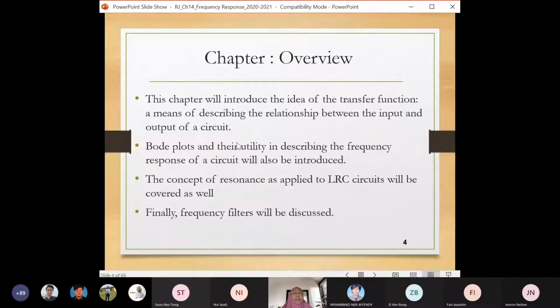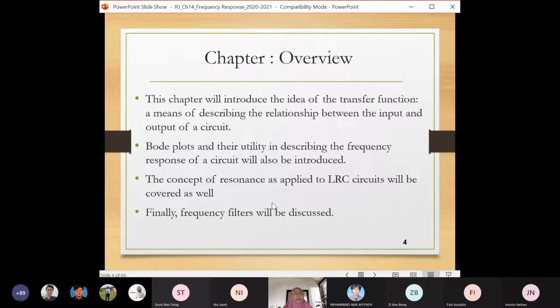And from the transfer functions, we can always plot a Bode plot or do a graph of Bode plot. The important thing about the Bode plot is that Bode plots and their utility in describing the frequency response of a circuit will be introduced in this chapter, and the concept of resonance as applied to RLC circuits will be covered as well.